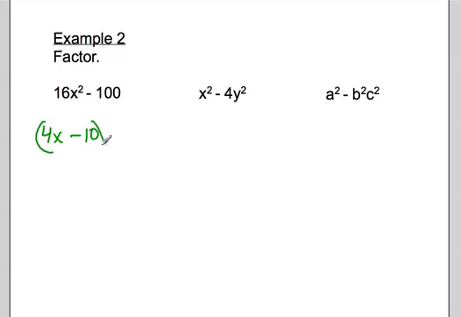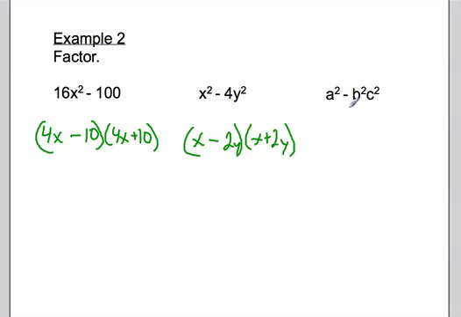So it's going to be 4x minus 10 times 4x plus 10. In the next example, both of these are square numbers because you can get the square root of both of them. And it's a difference, so it's a difference of squares. Square root of x squared is x. Square root of 4y squared is 2y. So it's going to be x minus 2y times x plus 2y.